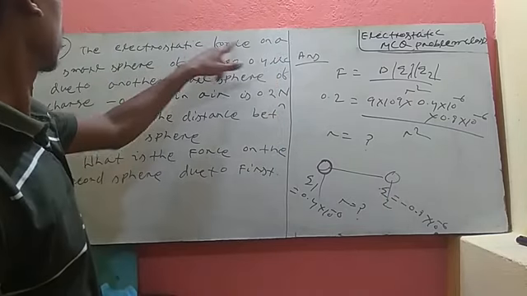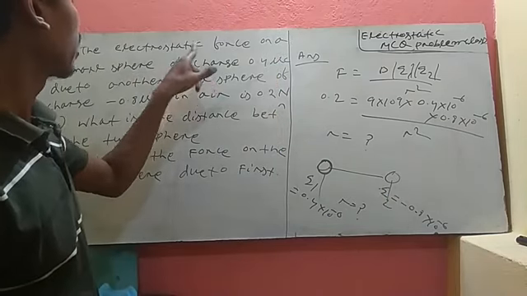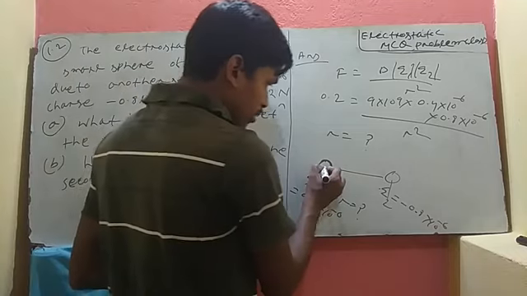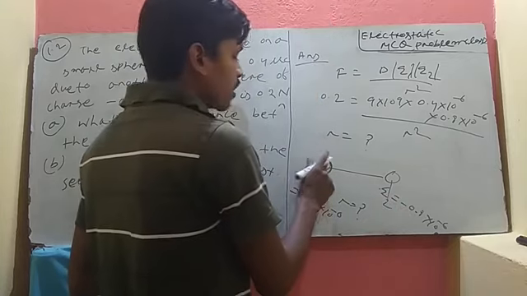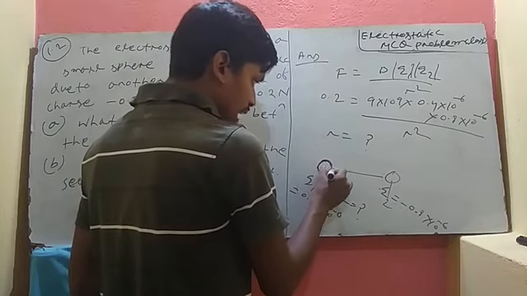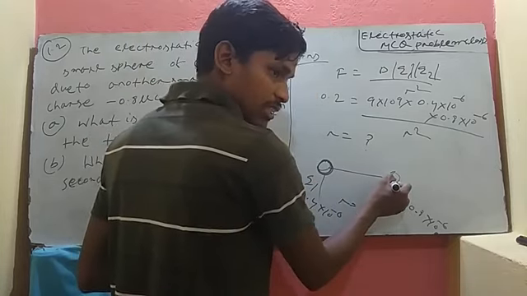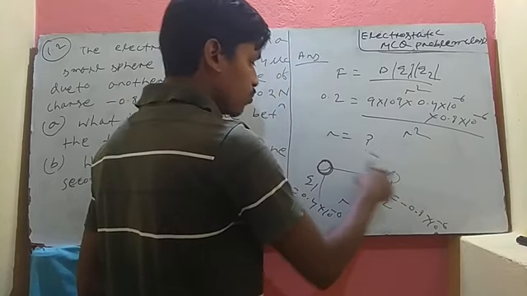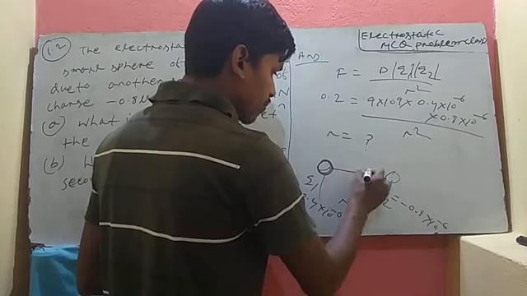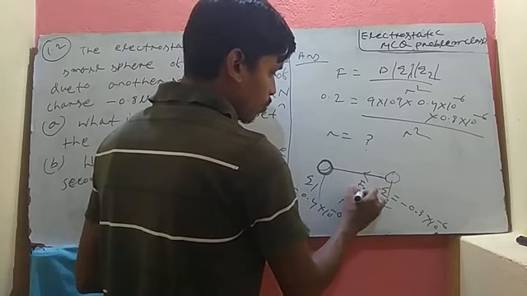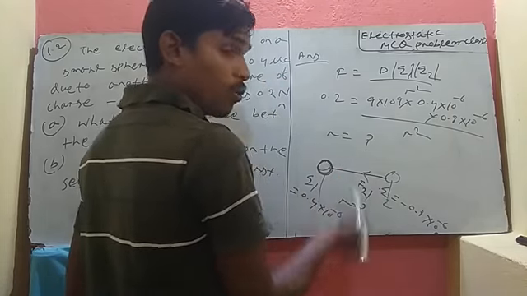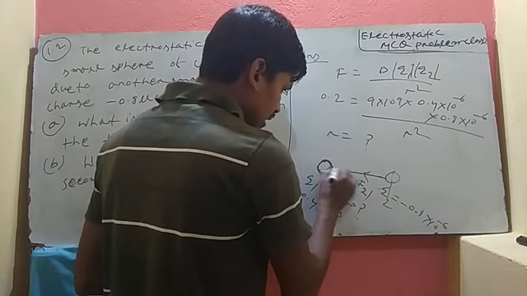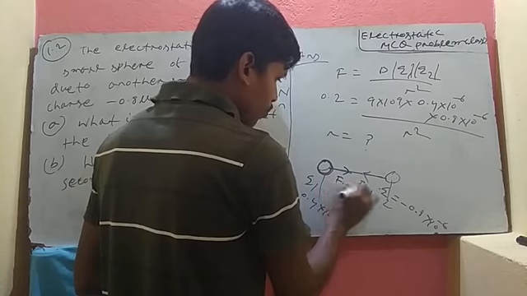Suppose this is a small sphere, this is a small sphere. Force due to this charge on this charge. Force acting on sphere 2 due to 1 is in this direction, F21. Similarly, force acting on 1 due to this charge is in this direction, F12.